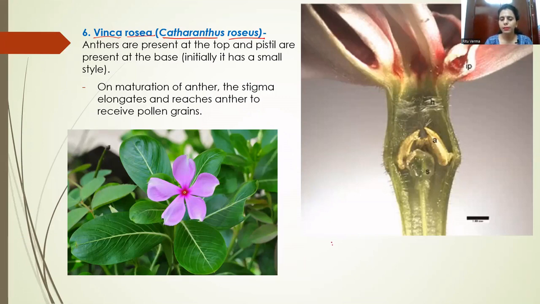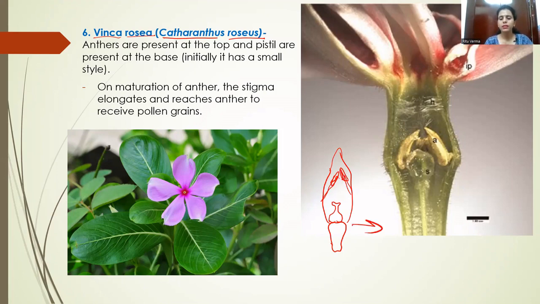For example, this is the thalamus, the pistil is at the bottom with stigma, style, and ovary, and the anthers are present on the top.